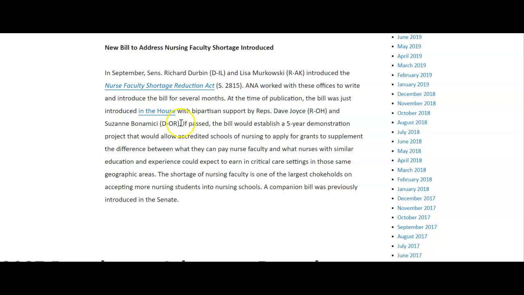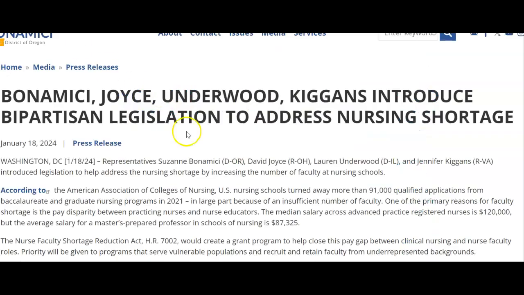Where is it? It was introduced in the House. So where is it? What's going on with that? And I want to share a different source that I located, because as a nursing faculty member, I'm very interested in this.